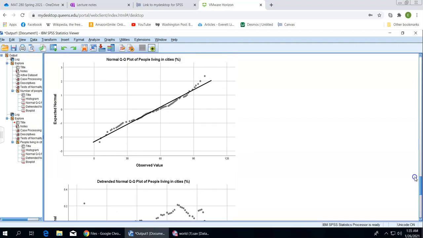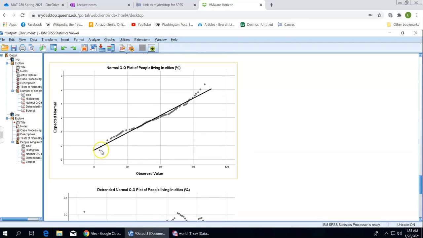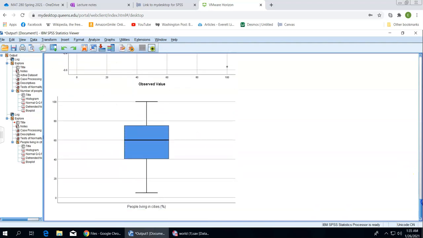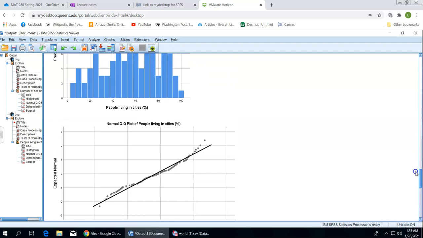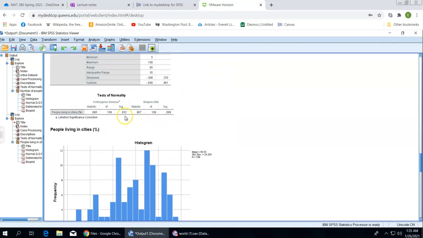If we look at the normal probability plot, the points are all pretty close to the diagonal line. And on the Kolmogorov-Smirnov test, we get a p-value of 0.032, which is less than 0.05, which indicates a significant departure from normality.